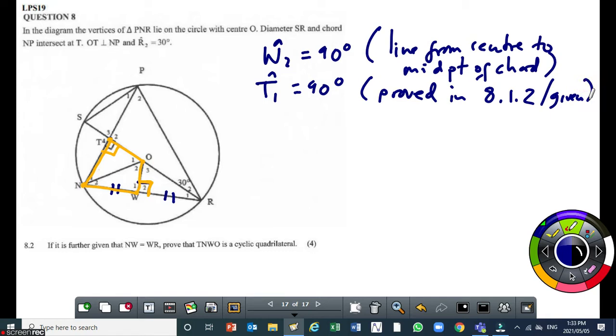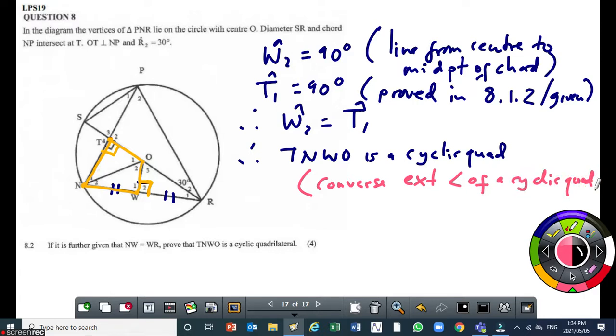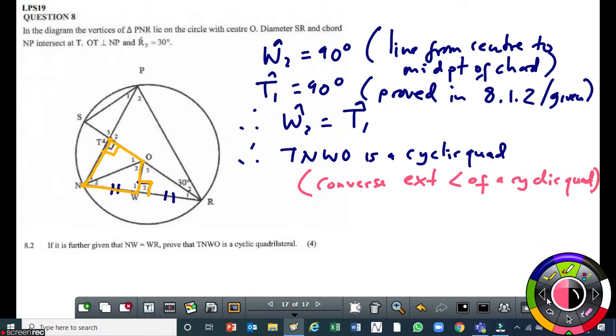Then, by the converse of theorem 1, W2 is equal to T1. Therefore, TNWO is a cyclic quad. You must give a reason. The reason is: converse exterior angle of a cyclic quad.